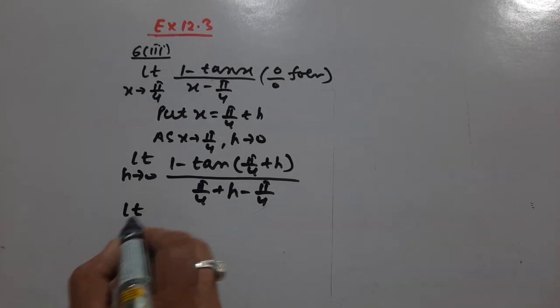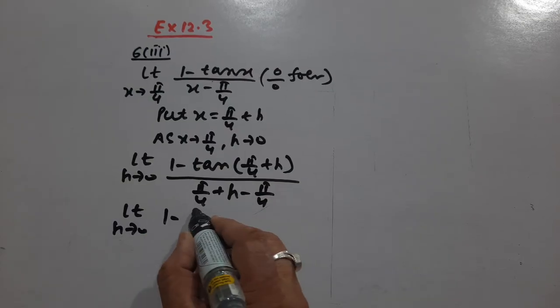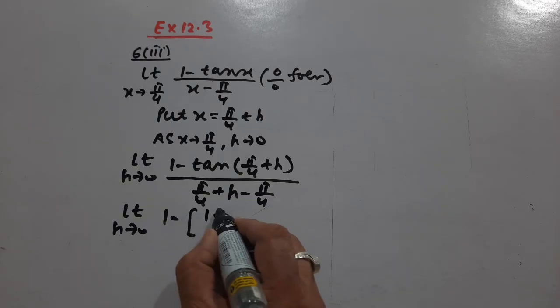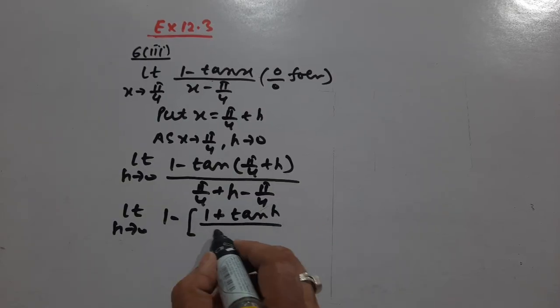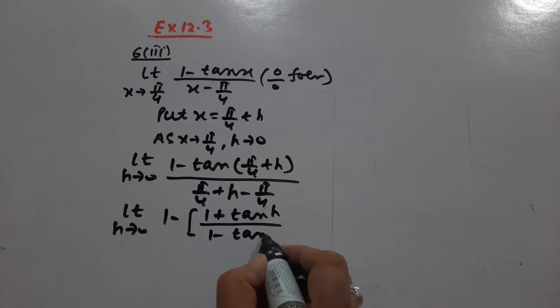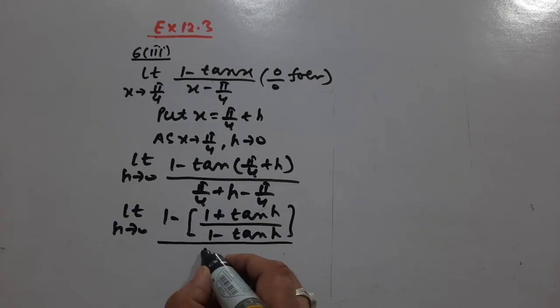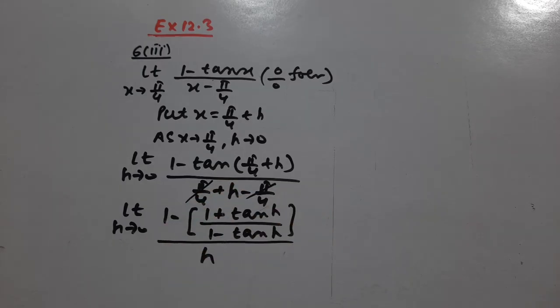Now we get limit h tends to 0 of 1 minus tangent of 45 plus h. We know the formula that tangent of 45 plus theta equals 1 plus tan h upon 1 minus tangent h, and in the denominator we get h because pi by 4 gets cancelled with pi by 4.